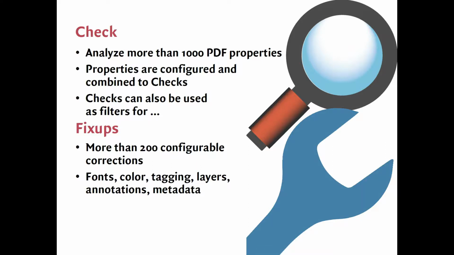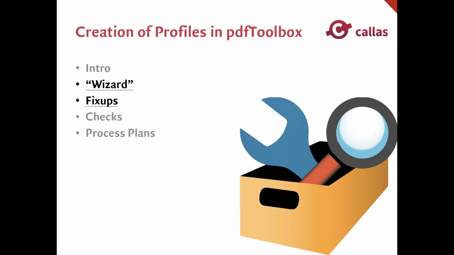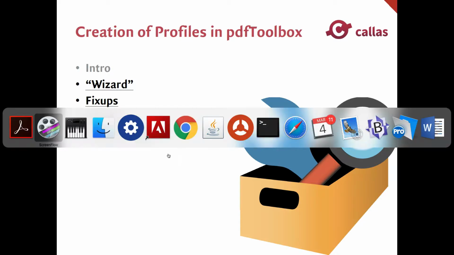In this session, I won't cover and I can't cover any of these PDF properties for checking or configurable fix-ups for corrections. I only want to show you the mechanics of the engine and how you would create a fix-up or a check. But so far the theory and the background, let's now really have a look into pdfToolbox.